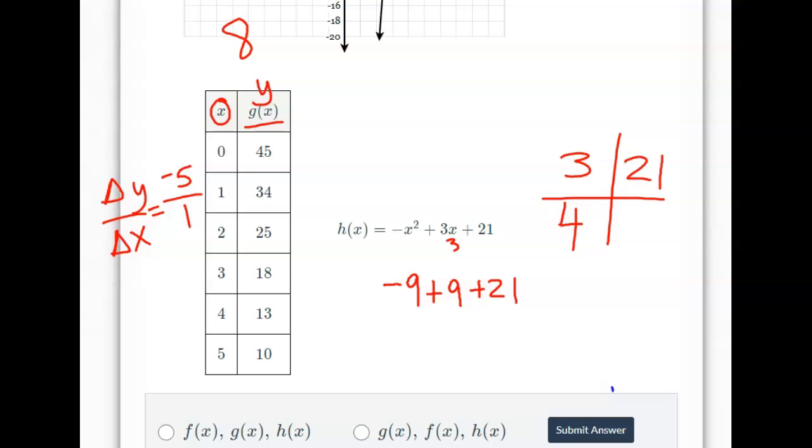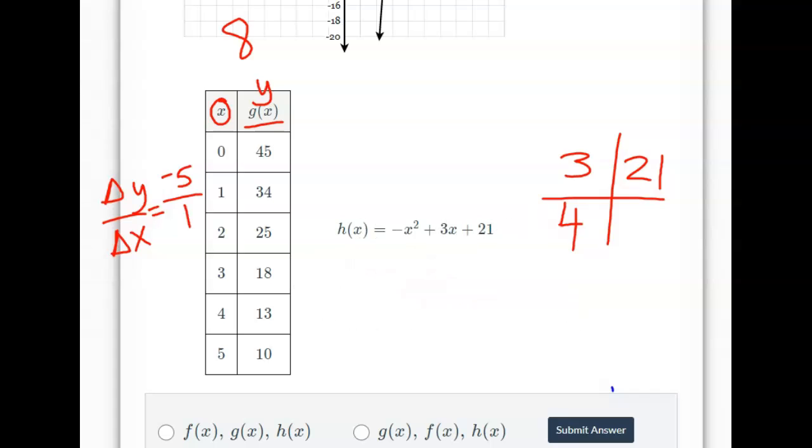And just to review, what that means is h of 3 here is 21. Just to review function notation, when the x is 3, h of 3, that h of x value will be 21, which is the y, the output. Not y cubed, just y.